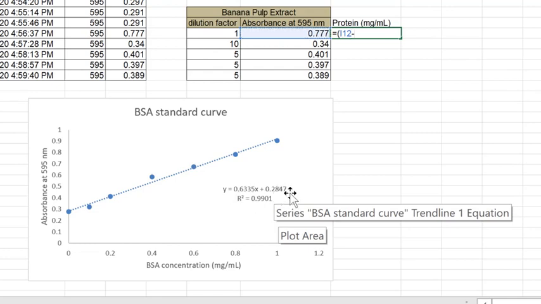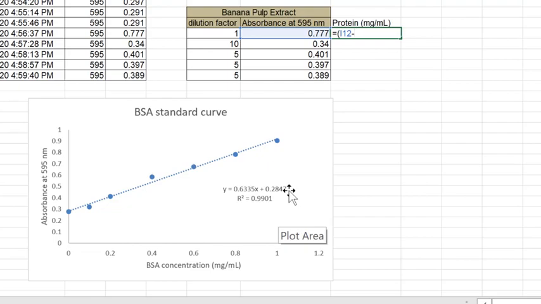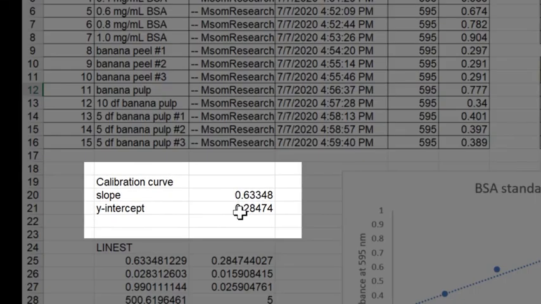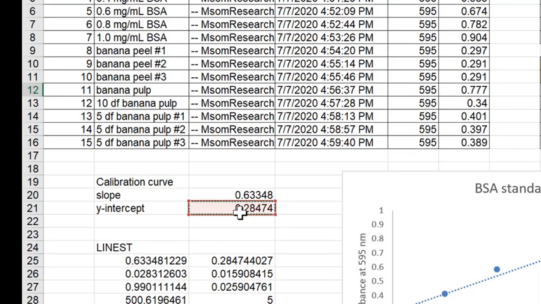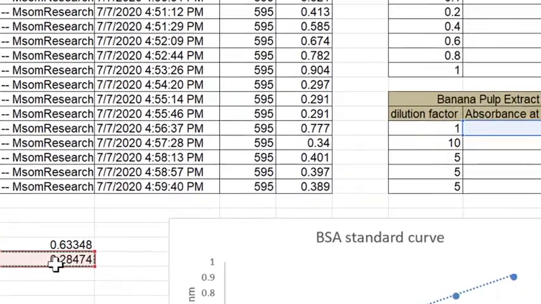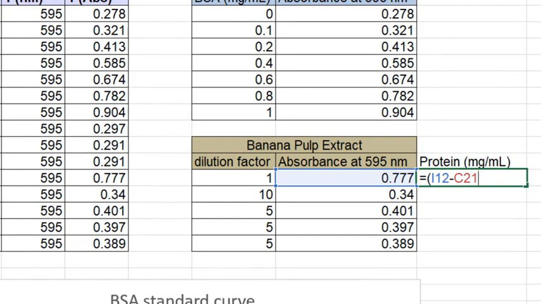I could either type in this value, or since I set aside these values of the calibration curve, I can click into the cell. And since I want to use that cell more than once for all the data manipulations, on my keyboard, I'm going to select the F4 key. F4 changes the format of this cell entry.